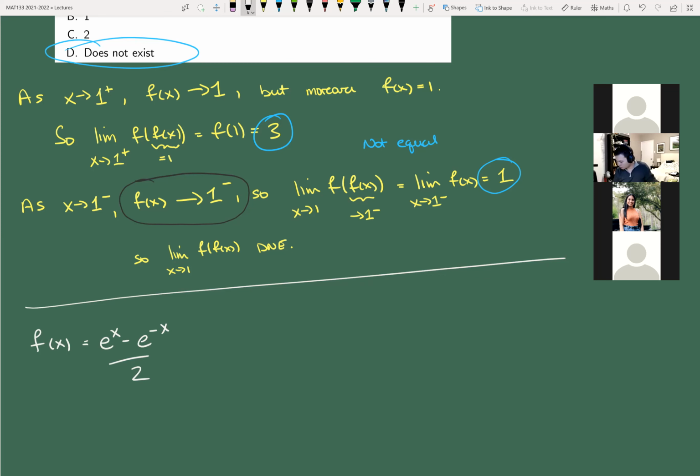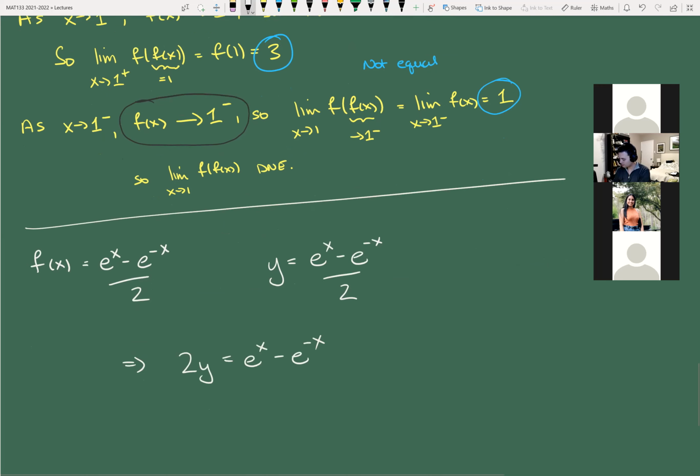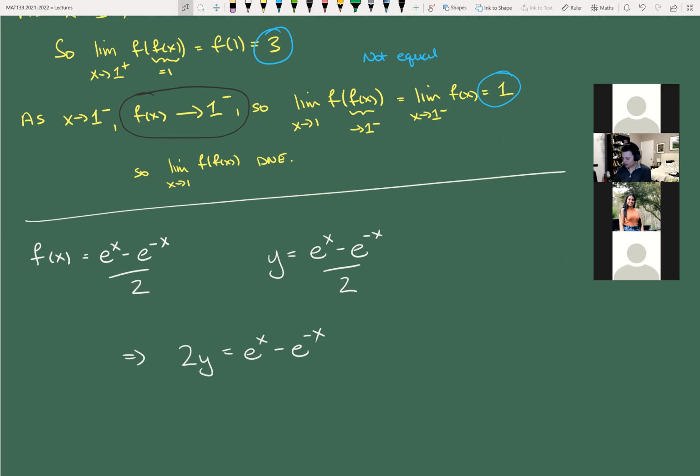But basically what you do is, we're going to set y equal to e to the x minus e to the negative x, divided by 2. If I multiply both sides by 2, that gives me 2y equals e to the x minus e to the negative x. Then I'm going to multiply everything by e to the x. I'm deliberately going to write it like this instead of simplifying it.